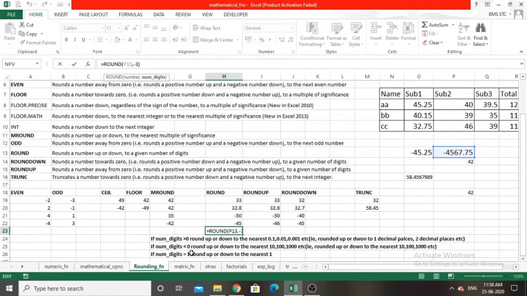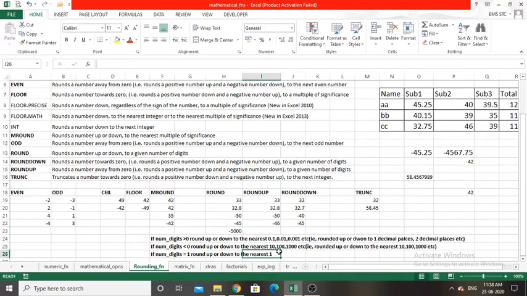But if the num digit is less than 0, it will consider this value, whether it is -1 or -2 or -3. If it is -1, it will find the nearest 10. If it is -2, it will find the nearest hundreds.